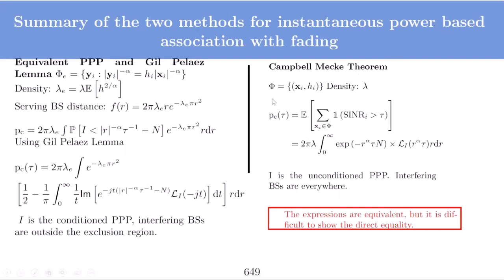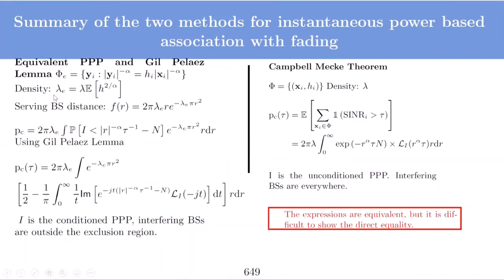So we have a point process X, which is a marked point process containing locations and H_i, with density lambda, and we show the coverage probability can be written as the expectation of the indicator of SINR_i more than tau, which is given by this formula. And here I is an unconditioned Poisson point process, right? Interfering base stations are everywhere.